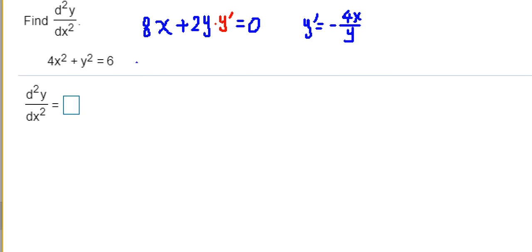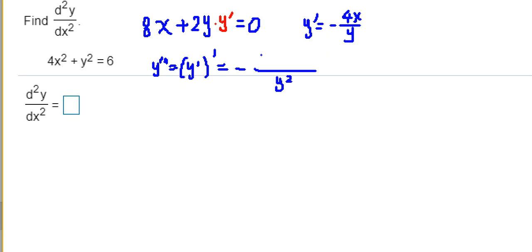So now when we find the second derivative, the second derivative is the derivative of the first derivative, right? Now we are going to look at this first derivative, because it's a fraction, so we are going to use the quotient rule. In the denominator we have low squared, which is y squared.